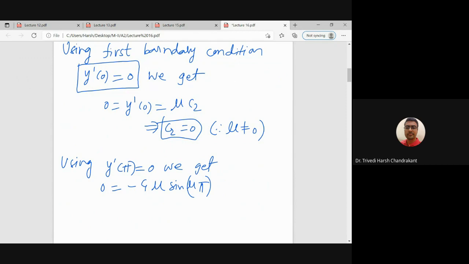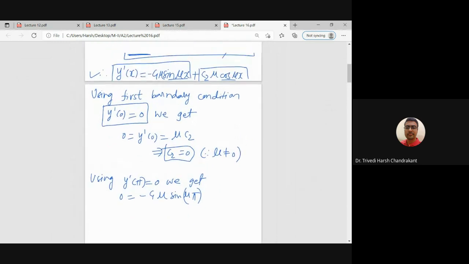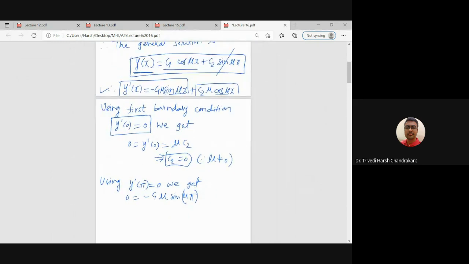Can we take C1 to be 0? We are looking for the non-zero solution y of x, which is equals to C1 cos mu x. And we got this equation.